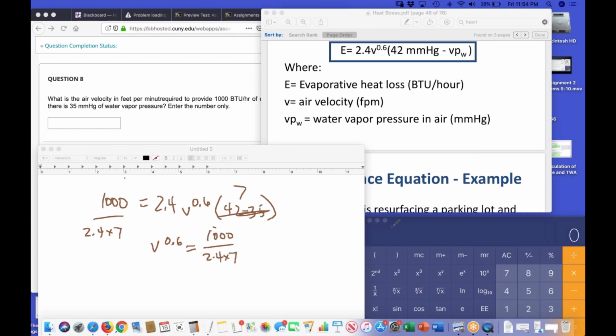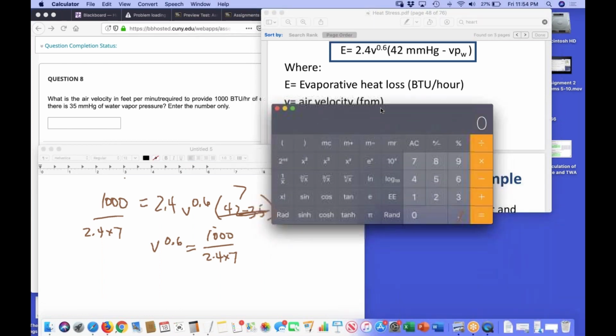Okay, let me get the calculator out. 2.4 times 7 equals 16.8. I'm going to put that into memory.